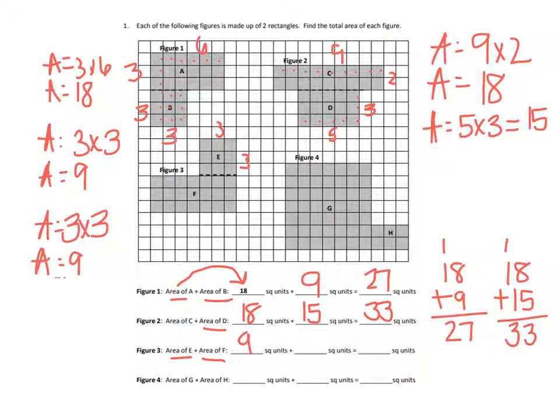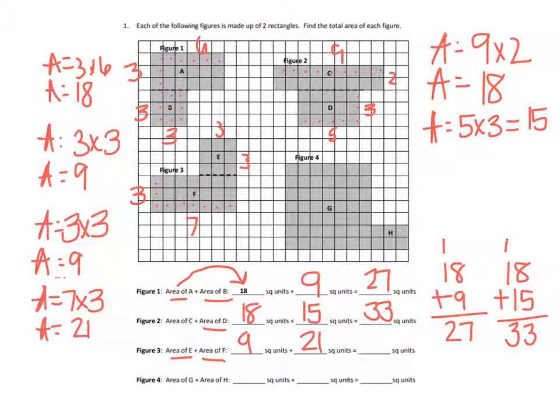Now let's look at F. I have a width of 3 and my length is 1, 2, 3, 4, 5, 6, 7. So now I need to multiply my length and my width, which is 7 times 3. I know that 7 times 3 is equal to 21.